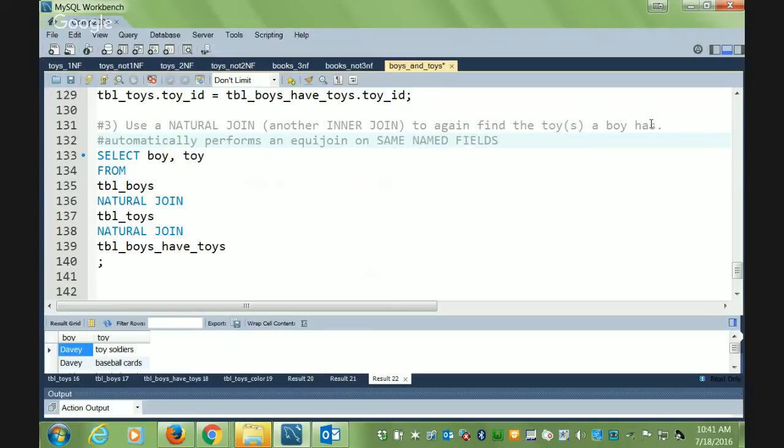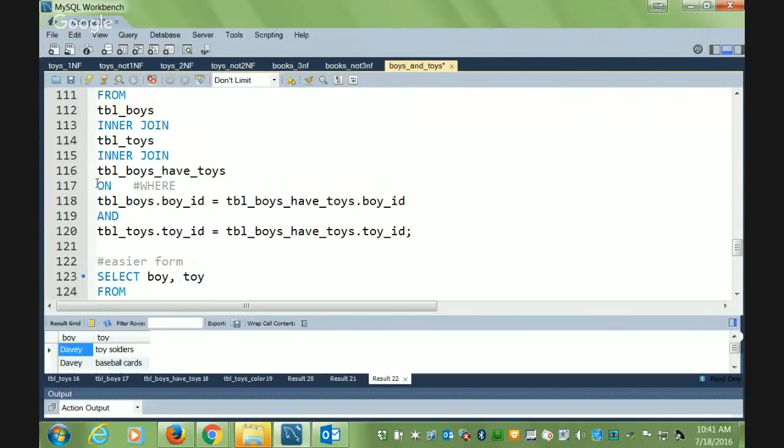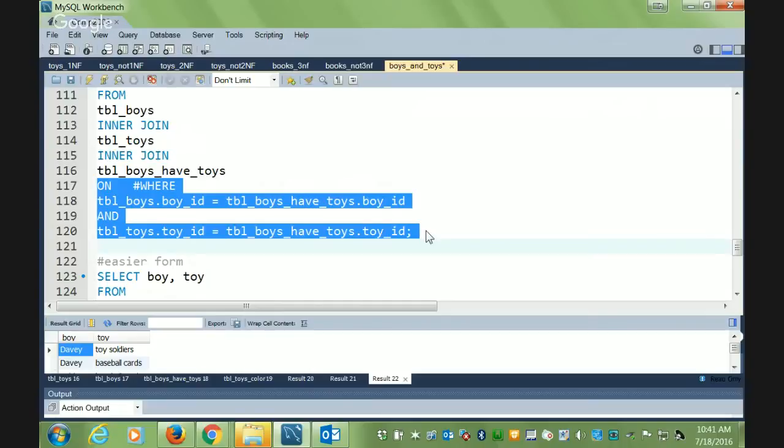And we are okay because it's called toy ID here, it's called toy ID here, it's called boy ID here, it's called boy ID in the other table also. So if you like, you can do this also. Instead of the word inner join, I replaced it with natural join, and I don't give a condition. The default conditions are exactly what you had here. These are your default conditions, but I removed them. Why? Notice the name of the field in boys was also called boy ID. In boys have toys is also called boy ID.